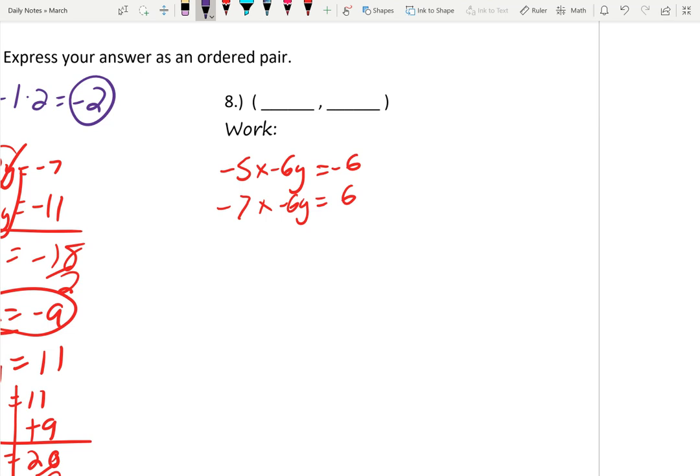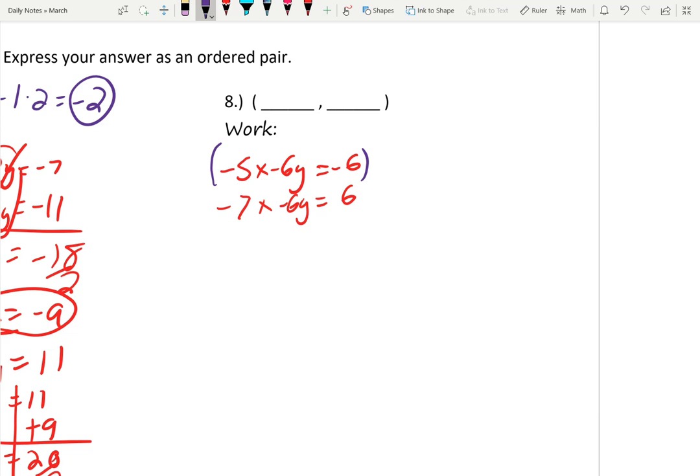So what we're going to have to do is pick an equation and multiply it by a negative again, because I want these 6y's to cancel, but they're only going to cancel if one of them is positive and the other is negative. I'll leave one of them negative, but in order for the other one to become positive, this time I'll choose the top equation, though it doesn't necessarily matter which equation I choose. I could do the bottom instead.